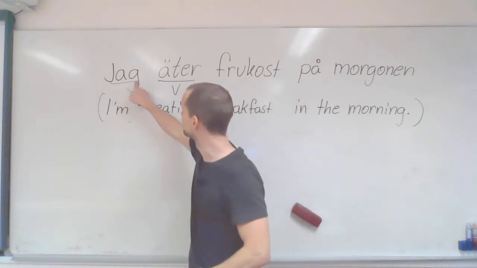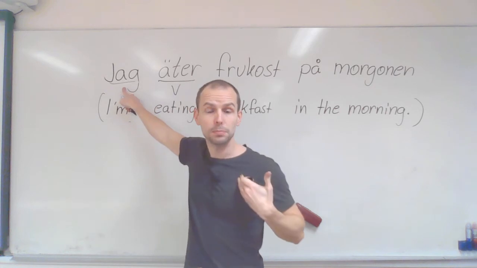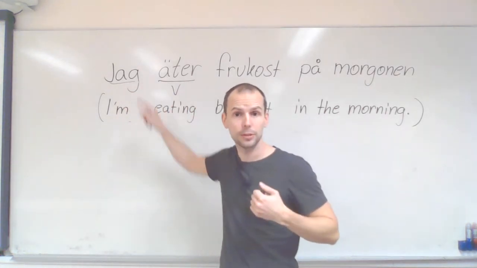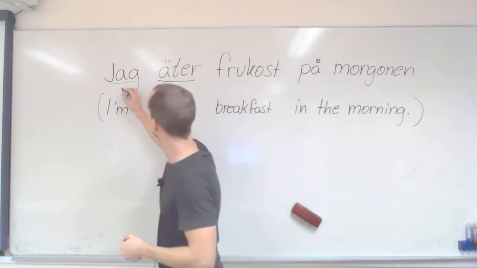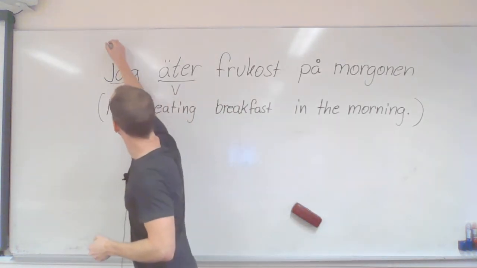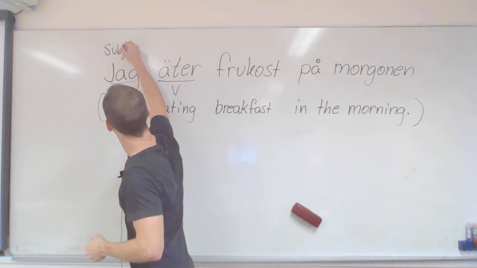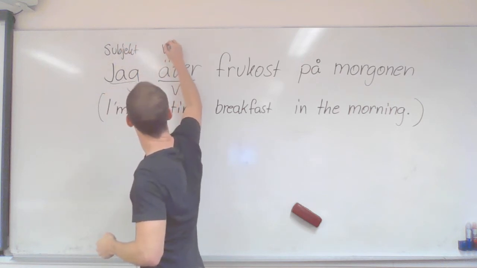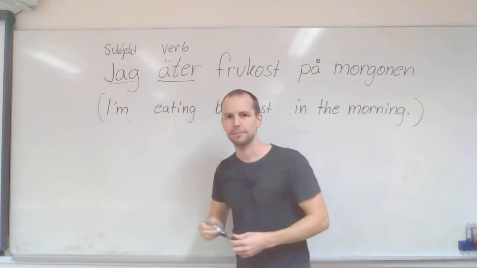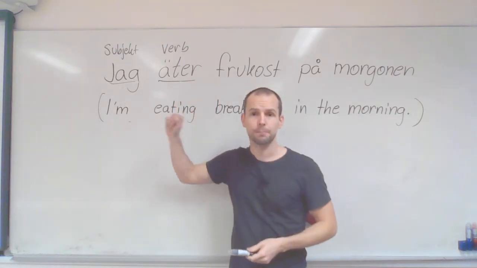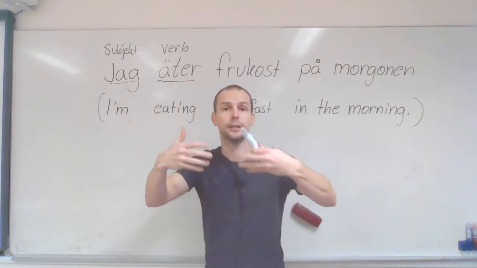And this is jag. I'm eating. Jag äter. I'm doing the verb. So this is a subject. Okay? So we have a verb and we have a person doing the verb.